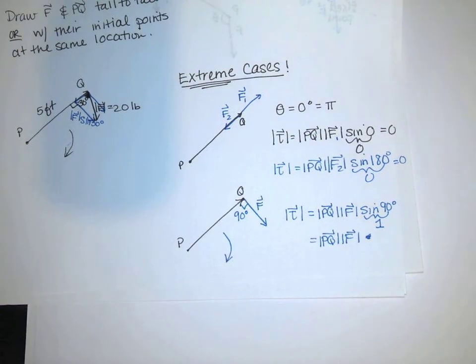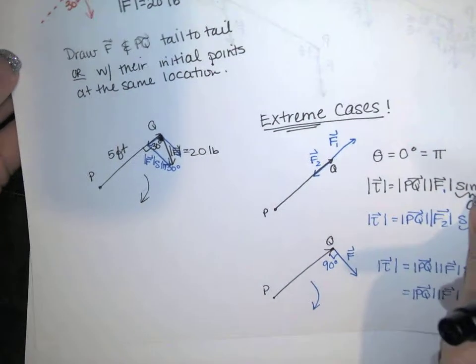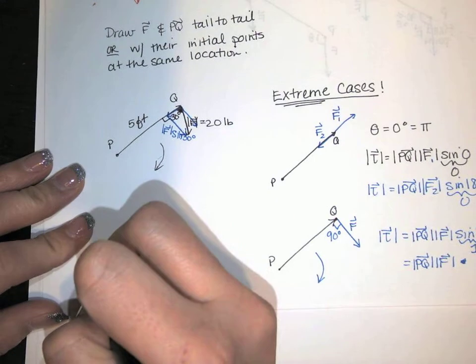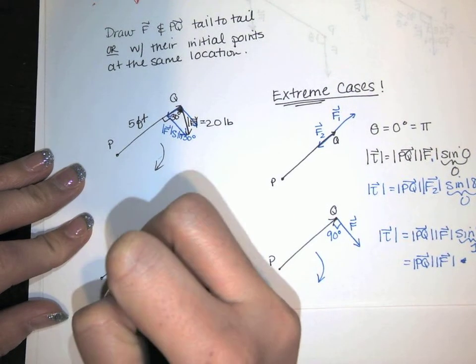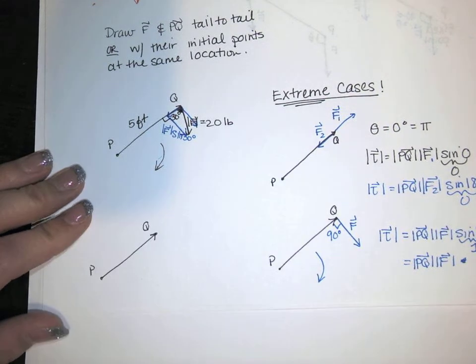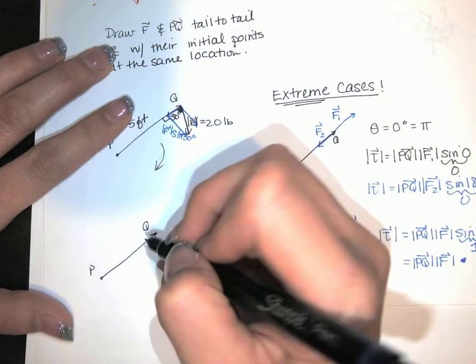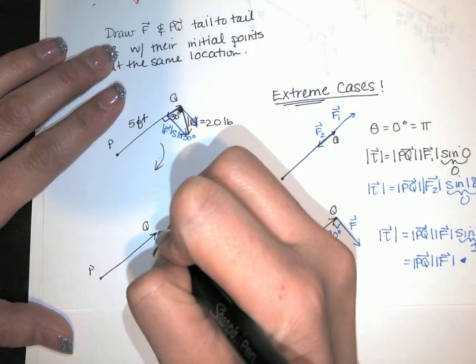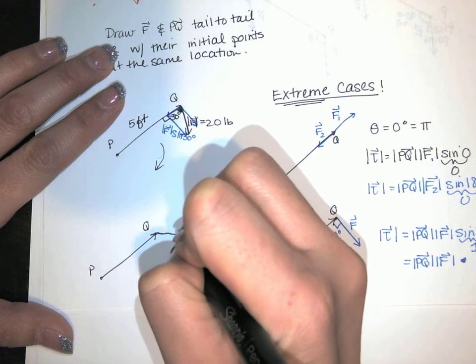You say, okay, well, most of the time that doesn't happen, and you're absolutely right. When we have PQ here, and we have some force over here, I'm going to draw it this way this time.